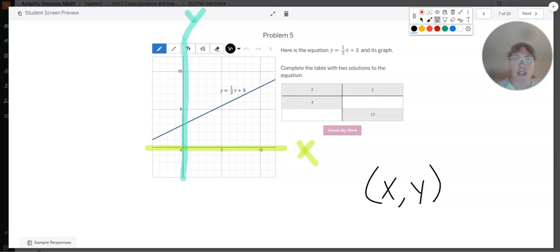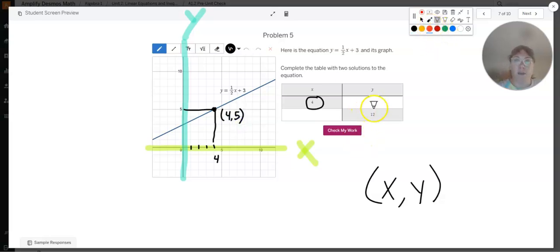Alphabetical order, x comes first. So if we know that our x is 4, here's 4 on the x-axis. We go up to the line and we see it hits the line here, and at that point our y value is 5. So this is the point 4, comma, 5.